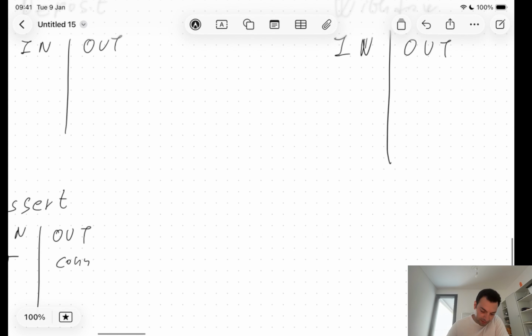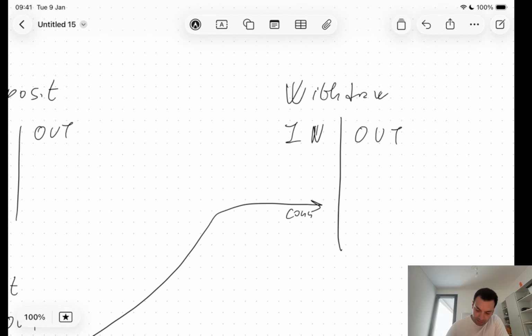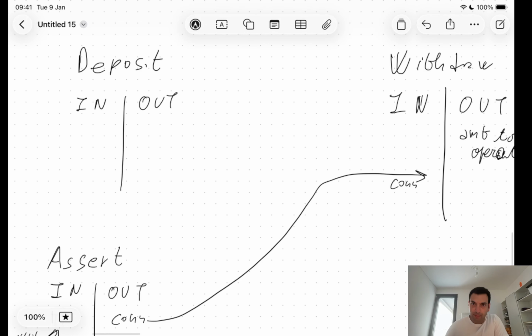Assuming everything goes good, the connector is one of the inputs. The other output is the amount of Bitcoin to the operator. But this is the peg out.